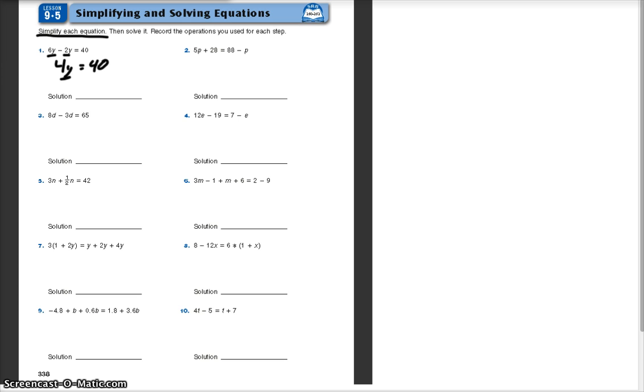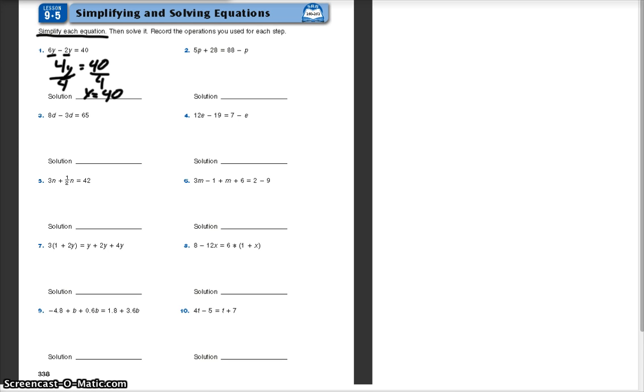So we have multiplication, 4 times y. That means I want to do division. So I'm going to divide each side, because whatever we do to one side, we have to do to the other side. Each side by 4, and I'm going to get y equals 10. There we go. So now we've solved that problem.